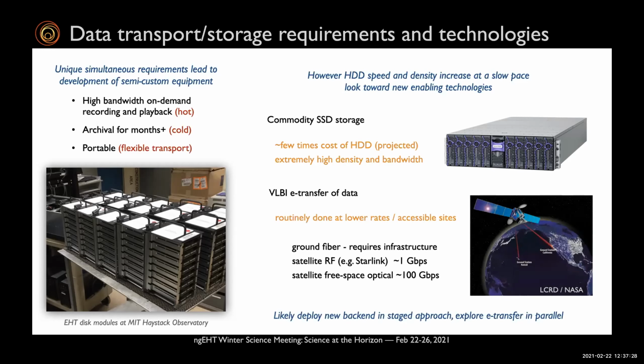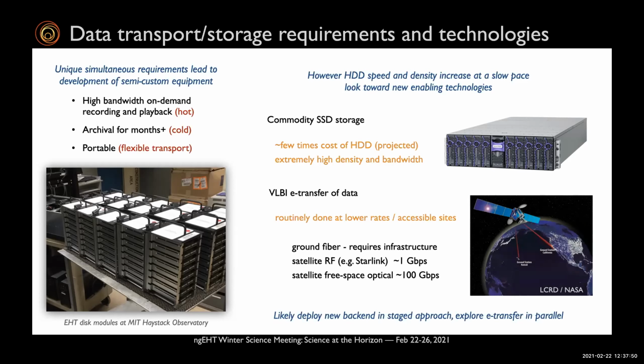Another thing that we're thinking about in the long term for this kind of science is e-transfer of our data. This is routinely done at experiments where the rates are much lower and the sites are more accessible. For example, they've already all connected to high-speed internet backbones, which is not the case for the remote sites we have in mind.